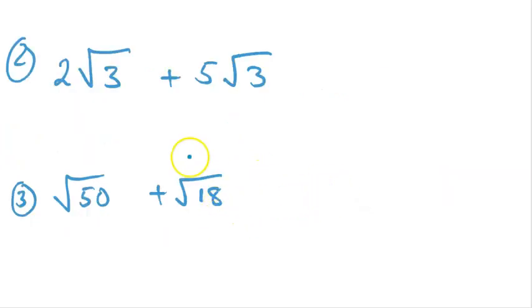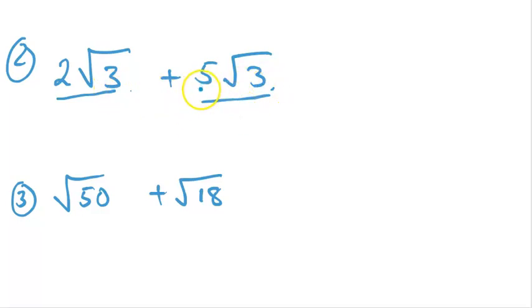Say we want to add 2 root 3 plus 5 root 3. Under the radical, you have 3 here, and also here you have 3. It's possible to add because what is inside the radical is the same.